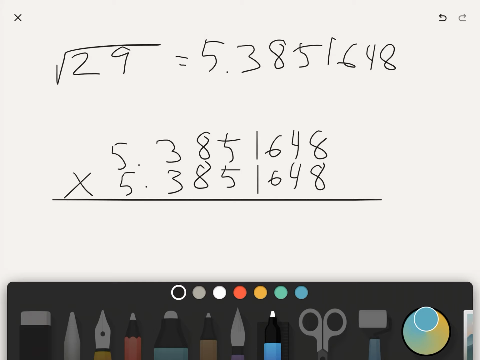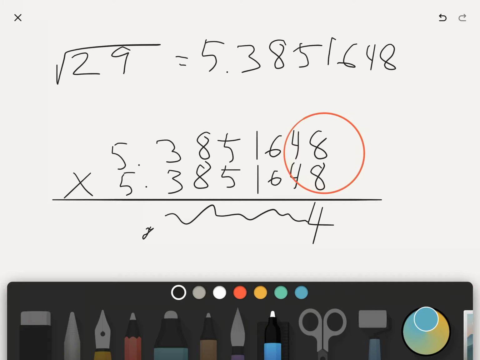And if we were to try to multiply these together to get 29, we can look at our first two. 8 times 8 is 64. We're going to end up with a point blah, blah, blah, 4 as an answer.